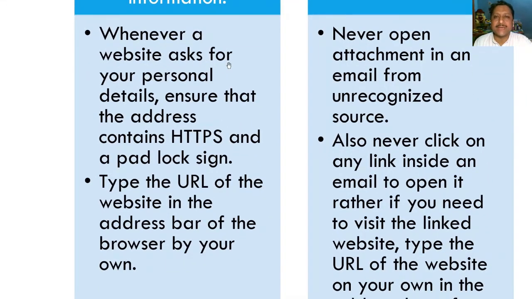Whenever a website asks for your personal details, ensure that the address in the browser contains HTTPS. Where you type the address, the starting letters must be HTTPS, and also a padlock sign must be there, and that lock must be locked. So you have to check these two things.